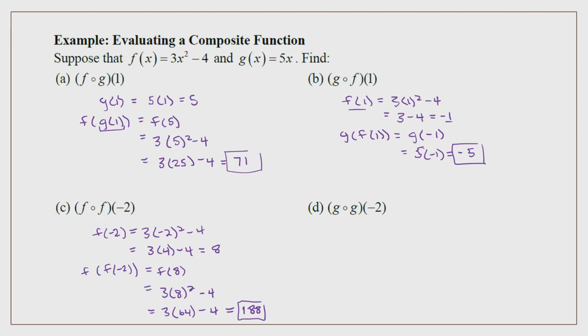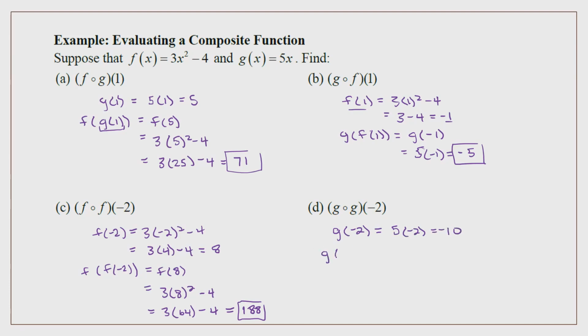And then d, g composed with g of negative 2. It's similar to c, except we're using the function g of x. So first evaluate g of x at negative 2. That's 5 times negative 2, which gets me negative 10.